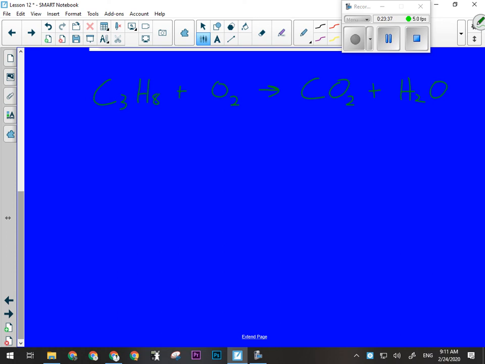So I'm going to need you to write down these special balancing rules for combustion reactions. We'll just say it's combustion reaction balancing rules. By the way, RXN is the abbreviation for reaction if you want to save yourself time.